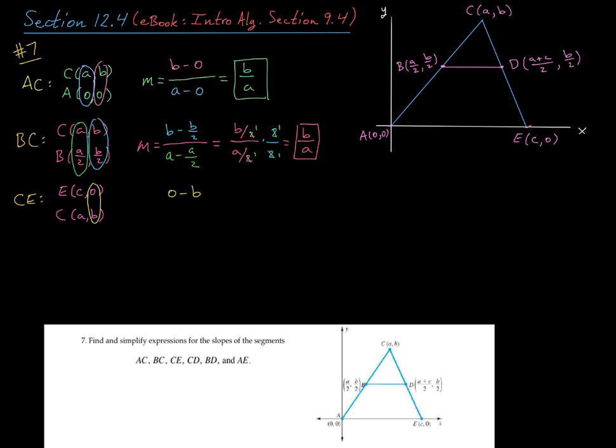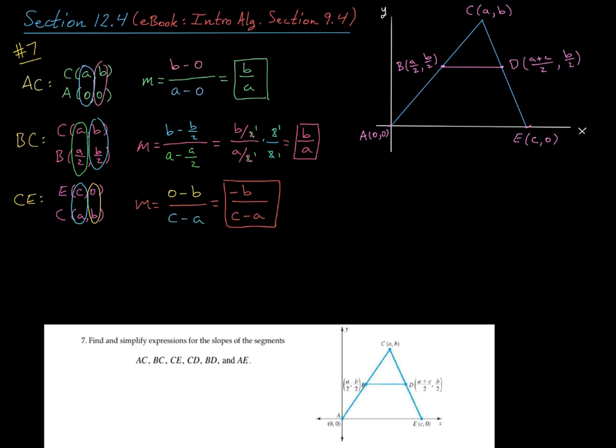Then the difference in the x coordinates would be c minus a. We take the ratio of those for our slope, and so I get minus b over c minus a. All right.